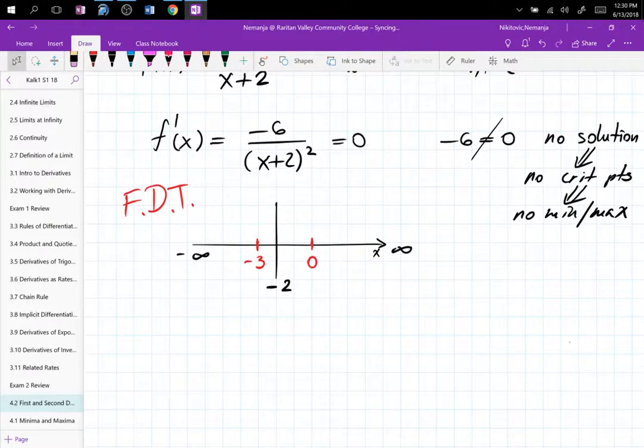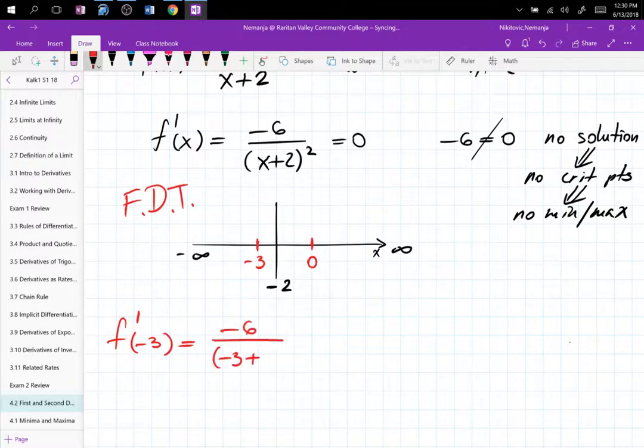All right. So the first derivative computed at negative 3 is negative 6 divided by negative 3 plus 2 squared. That's negative 6 over a positive number. Look, the denominator is squared. I don't care what is happening in the denominator. Every number that you square is going to end up being positive.